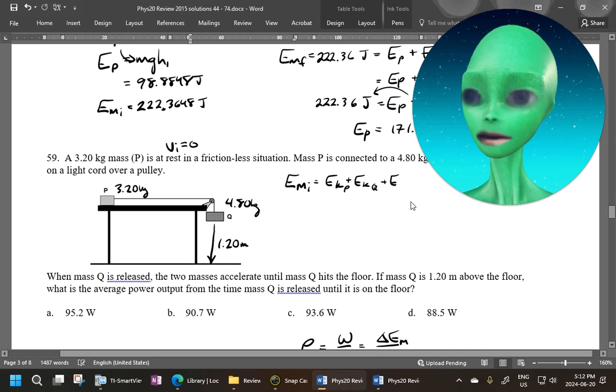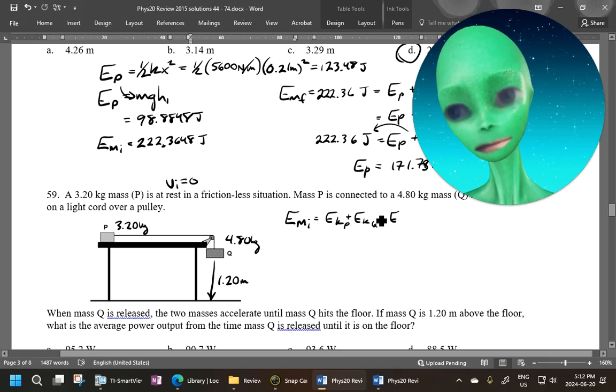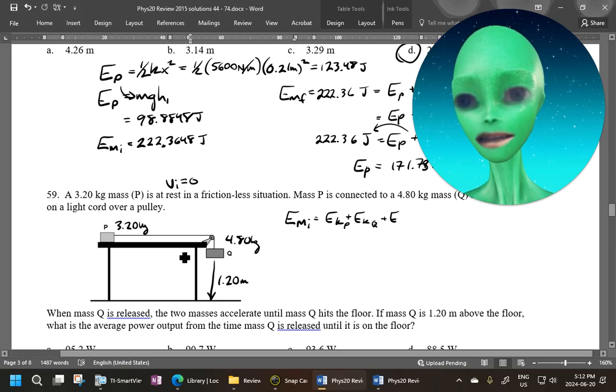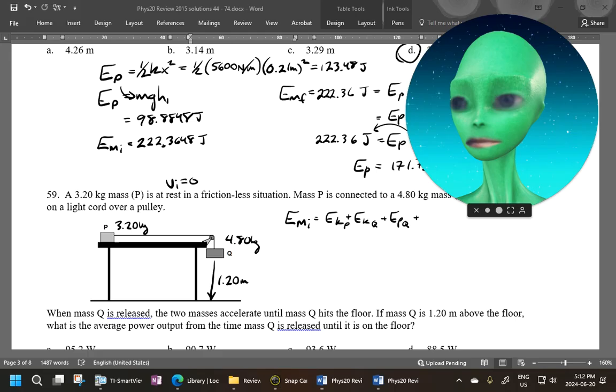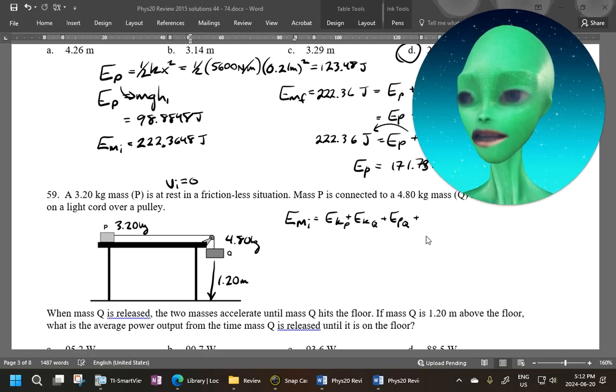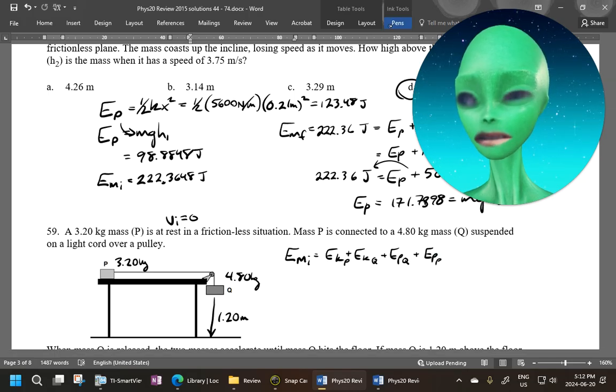The EP of P doesn't change, so I'm not too concerned about that one. But I am concerned about the one that's going to change here. If you want to put in the P one, we can. But when I subtract it later, because I'm going to go EM minus EM, if EP doesn't change for P, then it's not really too important.